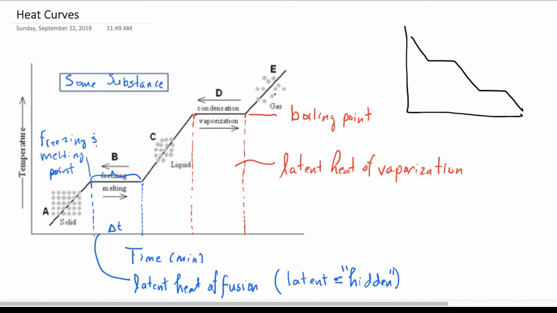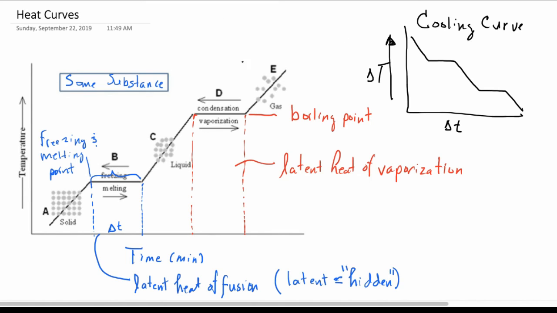If you notice, all I did was take this line and flip it 180 degrees. When you see it this way, we refer to it as a cooling curve, because we have a change in temperature and a change in time, lowercase t. So obviously if the temperature were to decrease over time, the substance would be cooling off.